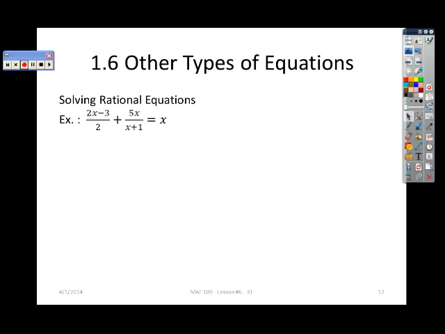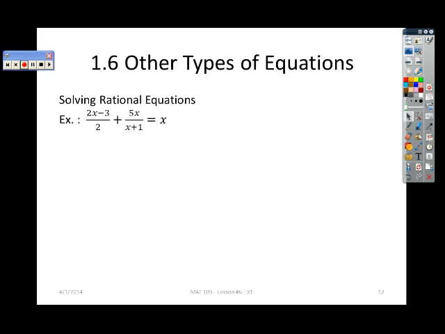Okay, so another example. If we're going to work this, we need to get rid of the fractions. So how would I get rid of the fractions in this equation? What's the LCD for this one? Right, that 2 is part of it, because I want to get rid of the 2 also, right?